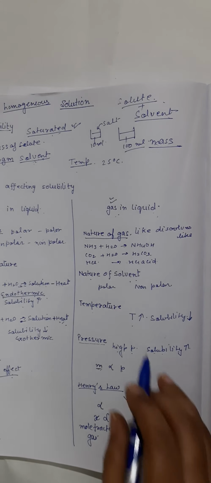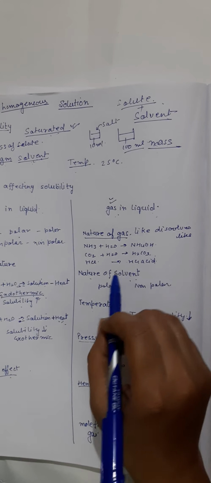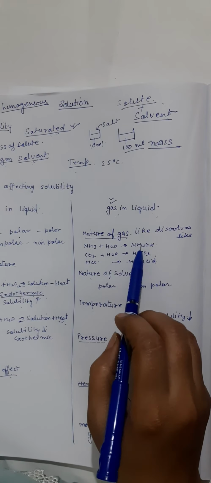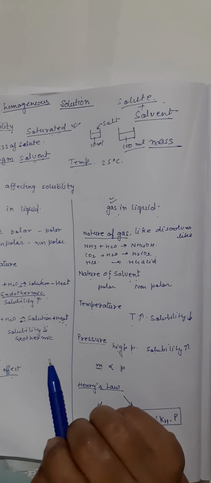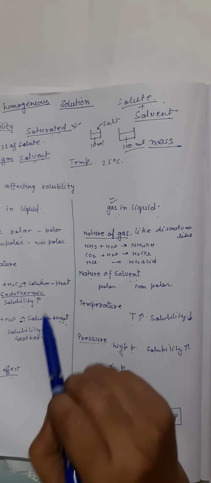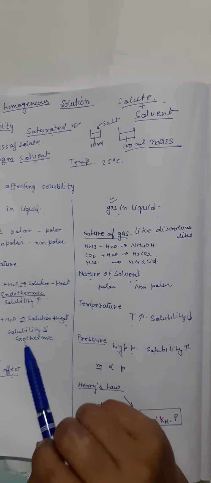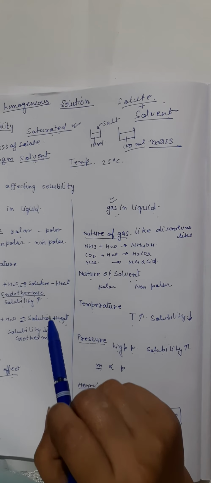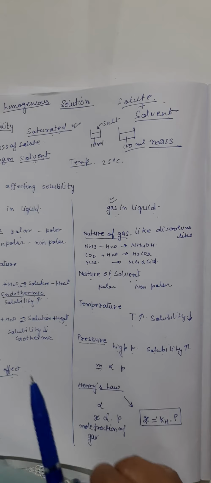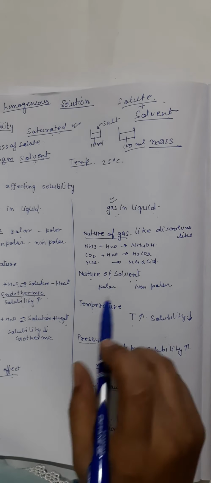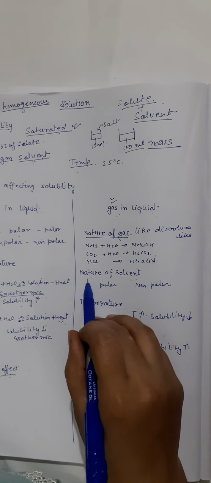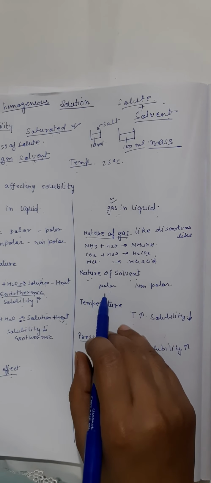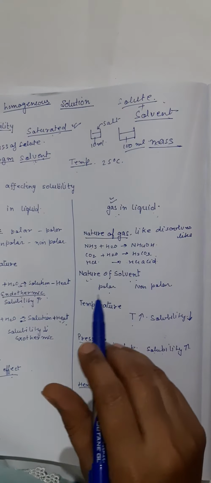Here one thing goes: whenever there is a chemical reaction going on between solute and solvent, that increases solubility to a much larger extent. So these are three gases which are exceptionally soluble in water because they undergo chemical reactions. Otherwise, the polar non-polar factor dominates. Same thing goes for nature of solvent as well. A polar solvent will dissolve polar gases and non-polar will dissolve non-polar gases.